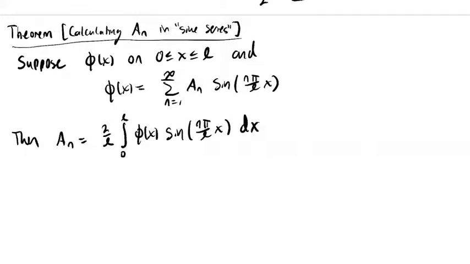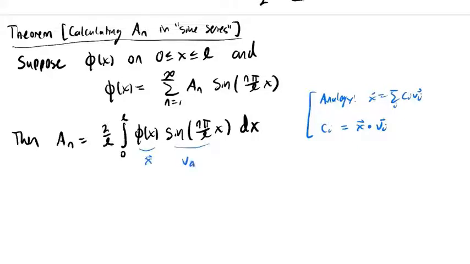dx. Right, and so the analogy with linear algebra, this is like, again, x is like a sum of ci vi, and the coefficient ci is the dot product of x with vi, right? My function phi is like my vector x, and sine is like my vi.